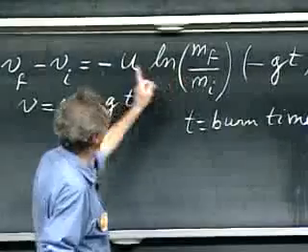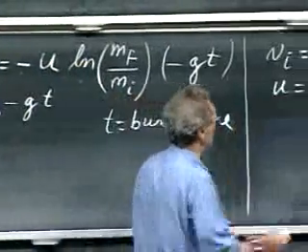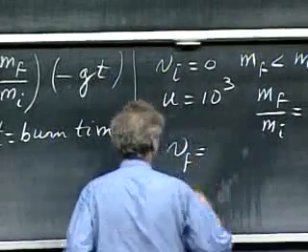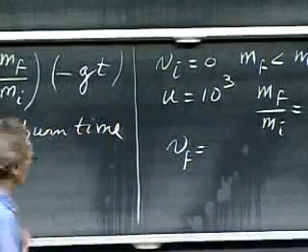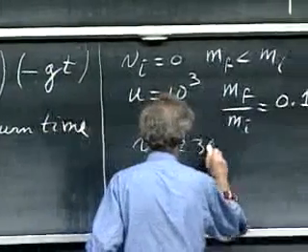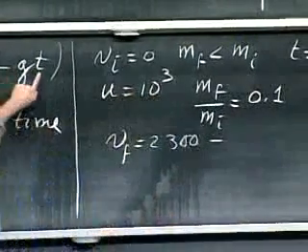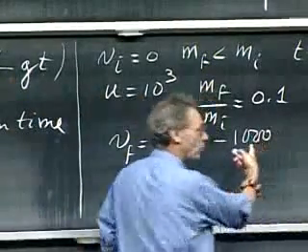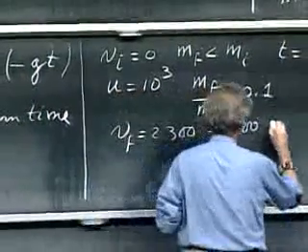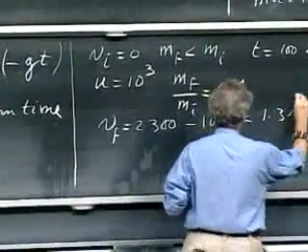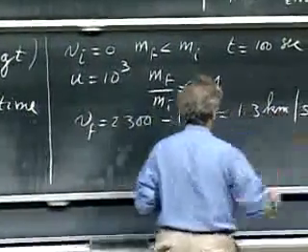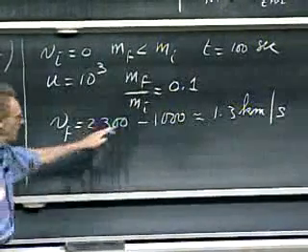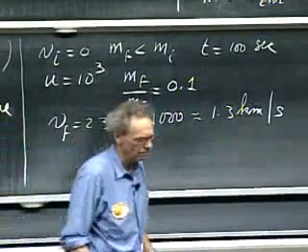Take the logarithm of this value, multiply it by minus u, and then we find that the final velocity, the first term is 2300, and the second term, 100 seconds times g, which is 10, is minus 1000. So you pay a price for the gravitational field, and you have about 1.3 kilometers per second as the final speed of that rocket. These are meters per second, and that is in kilometers per second.